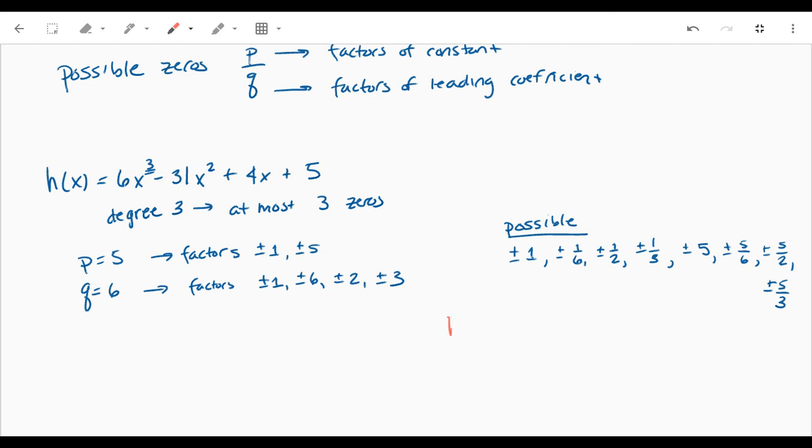So if I do h of 1, I'm going to get 6 times 1 cubed minus 31 times 1 plus 4 times 1 plus 5. So 1's the easiest one to do, right? So I'll have 6 minus 31 plus 4 plus 5. And all I need to know is that that's not 0. So 1 is not going to be a 0. I can test negative 1.